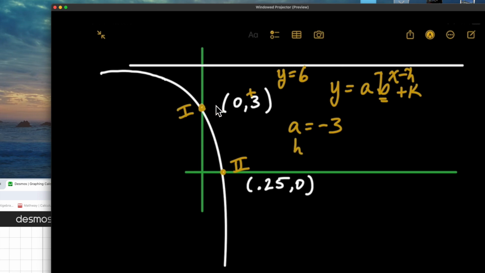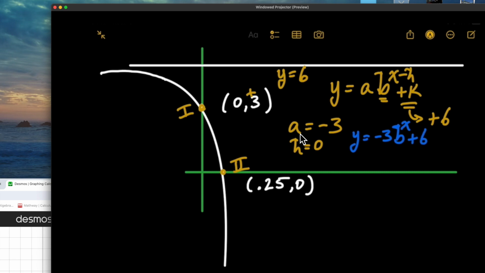So our h value is going to be 0. Finally, our k value is the horizontal asymptote, so that's plus 6. So far, using point 1 alone, we're going to have y equals negative 3. B, we don't have that yet. X, the h value is 0, so it's only x, plus 6.